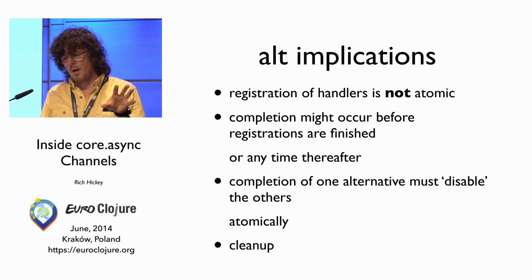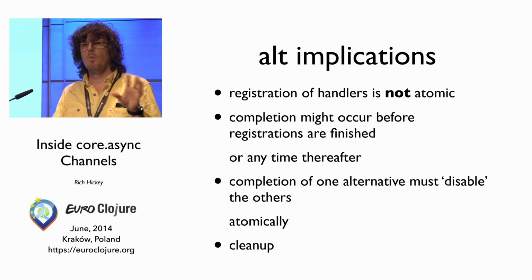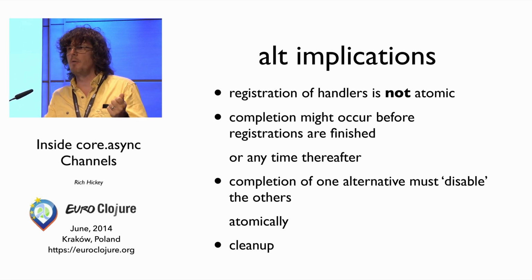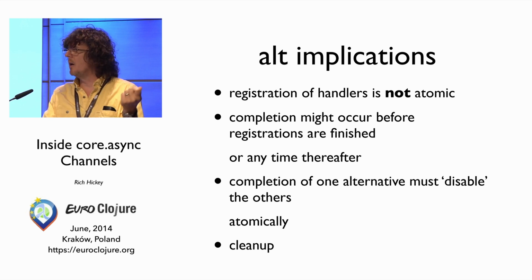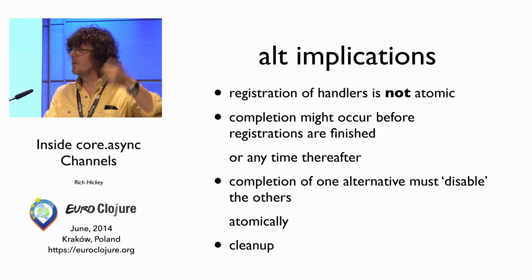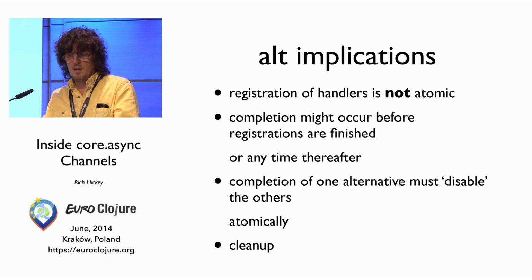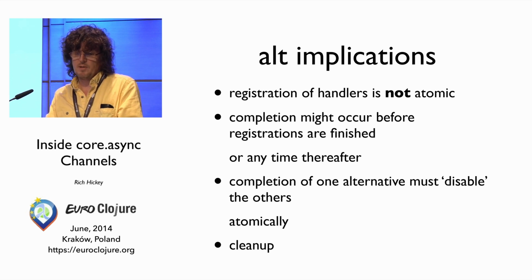As I said before, making sure that at most one operation completes means making the completion of any operation and the disabling of all the other ones in the same alt atomic. That's the critical thing that has to be made atomic. The other thing that may not be obvious from the description of what alt does is that there's going to need to be some cleanup associated with this, and I'll show you that in a second.